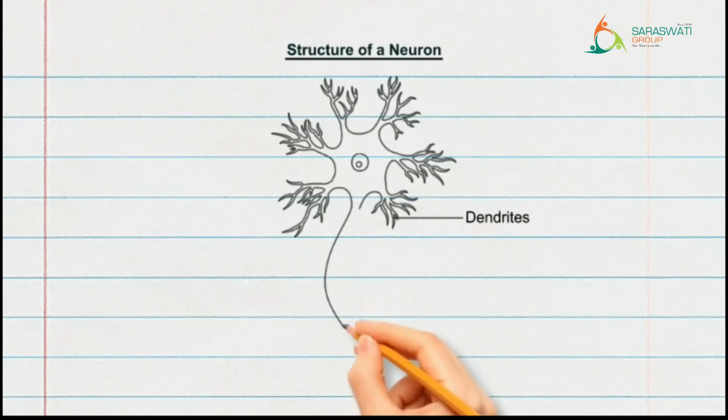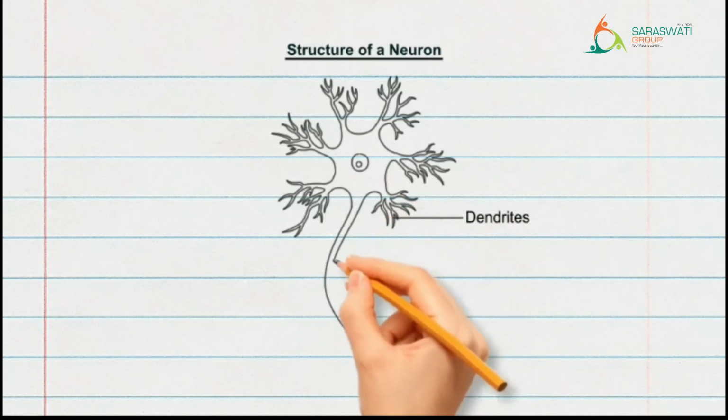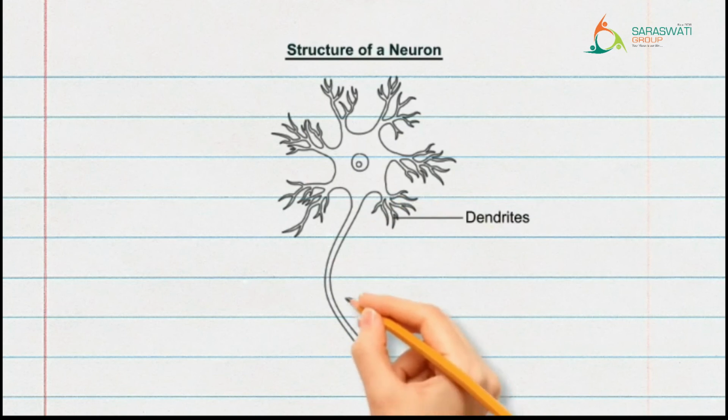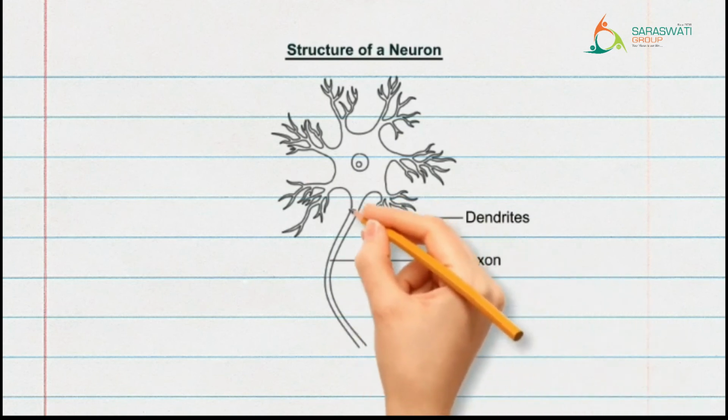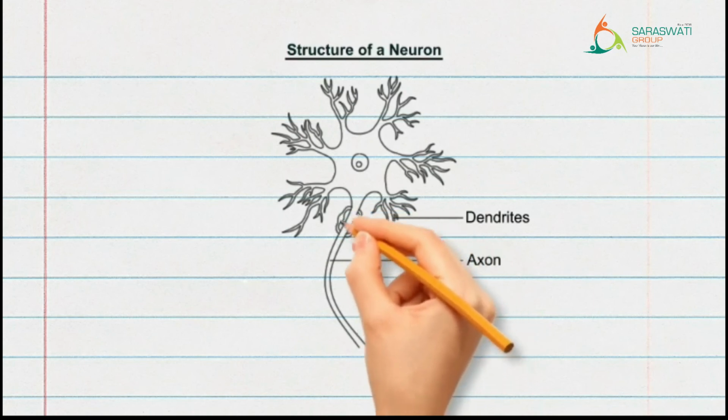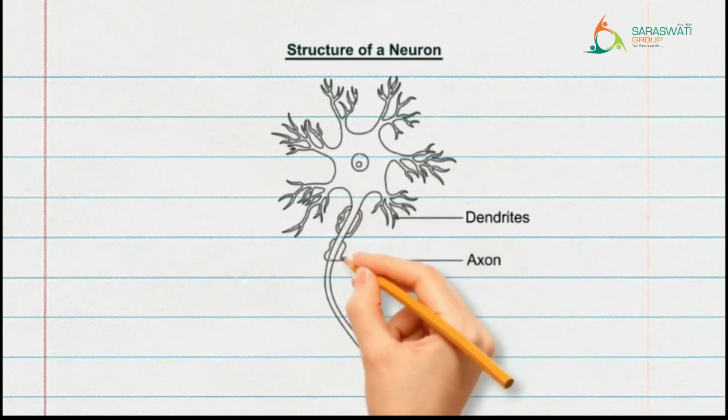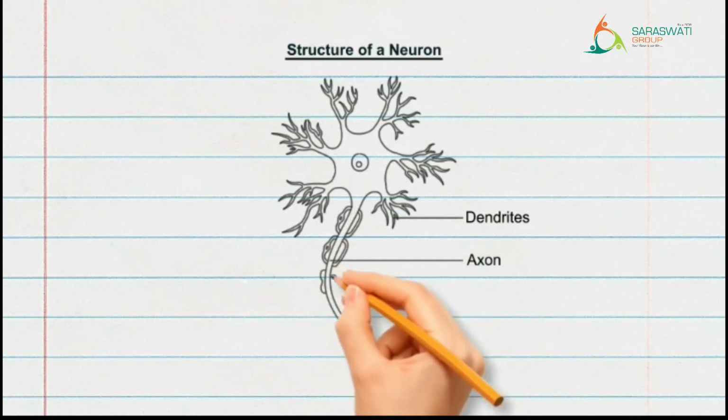Extend the cell body downwards into a long tube. Label the tube as the axon. Along the length of the axon, draw double-layered long vertical blocks to represent cells with spacing to enclose the tube on either side.